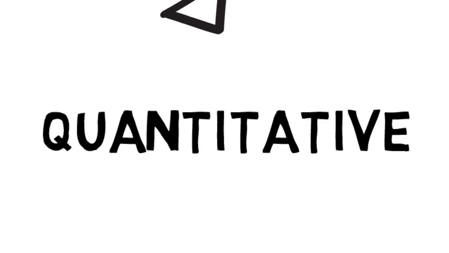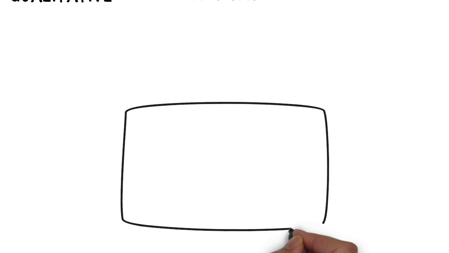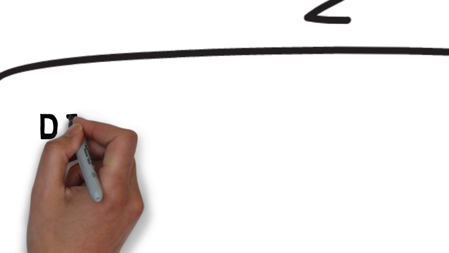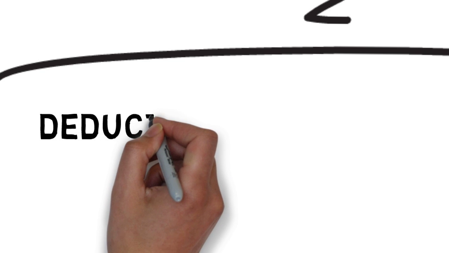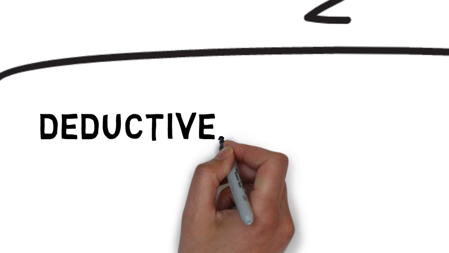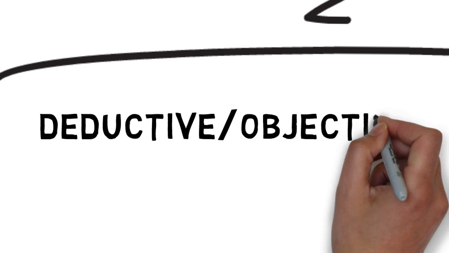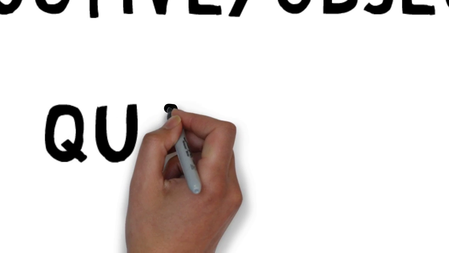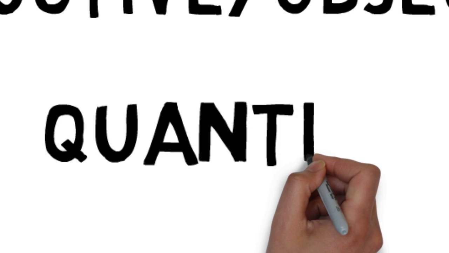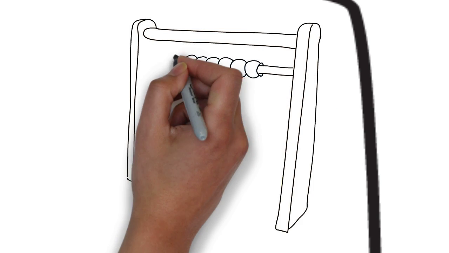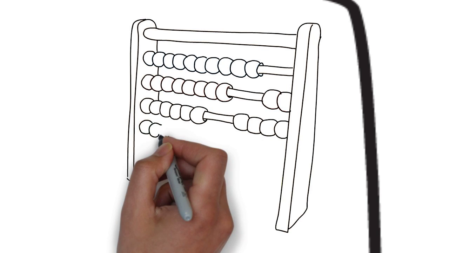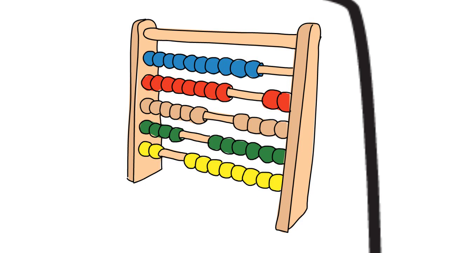So let's take a look at quantitative research and what it's about. Quantitative research is basically deductive, and it's extremely subjective. It is about quantifying something. It can be in the form of numbers, or you quantify some variable, independent or dependent variable.